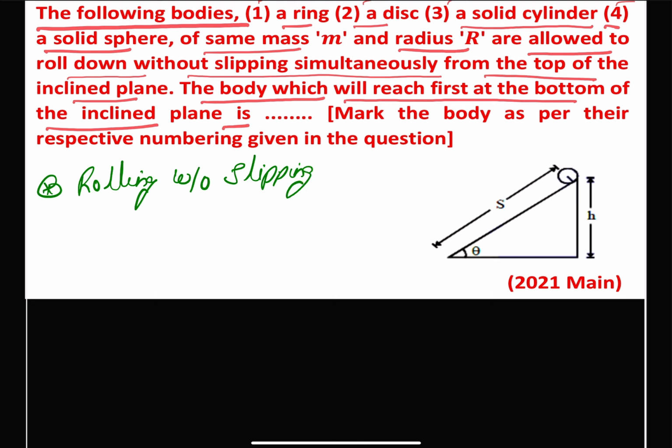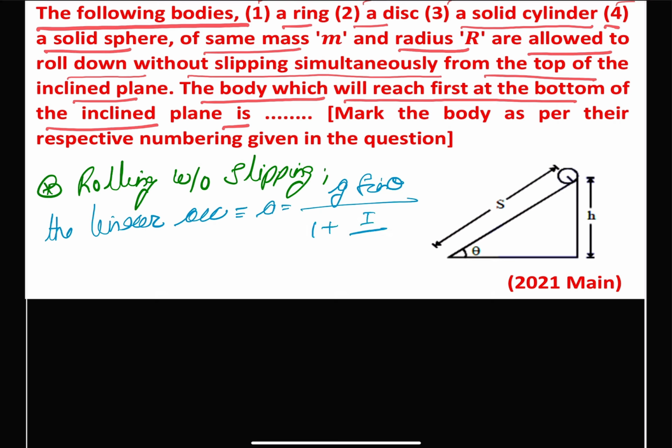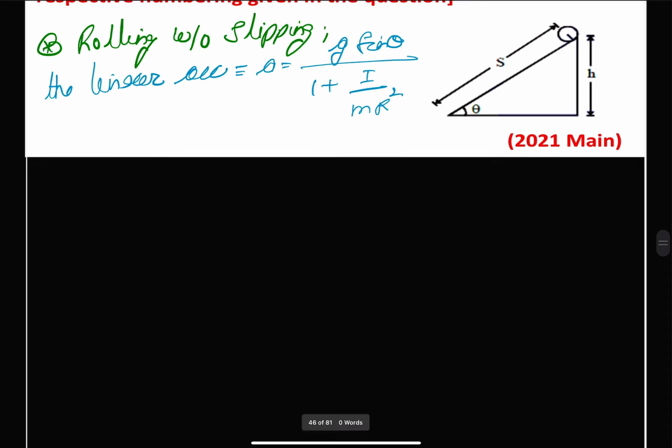The linear acceleration a is given as g sine theta divided by 1 plus I upon mr square. And we can derive the relationship also. For that we are going to use conservation of energy, so let me derive it.